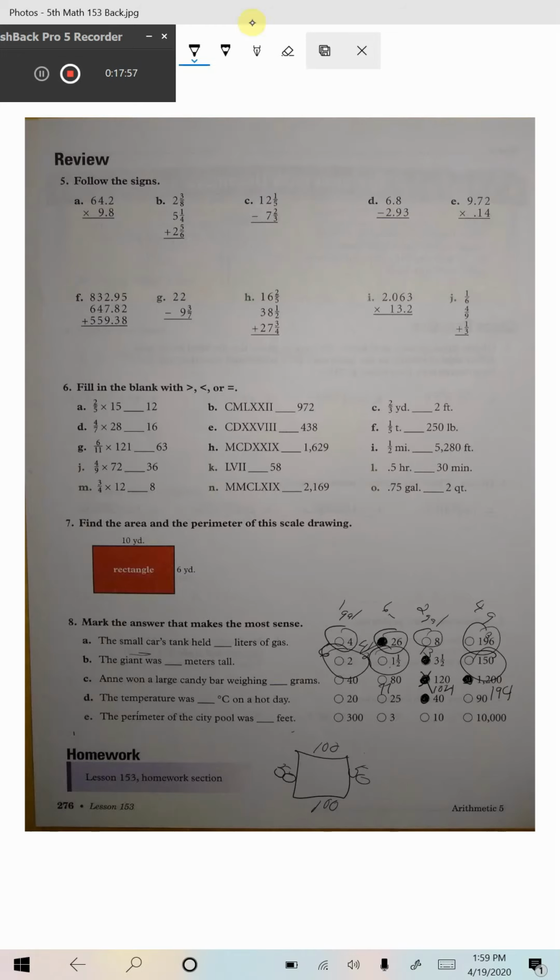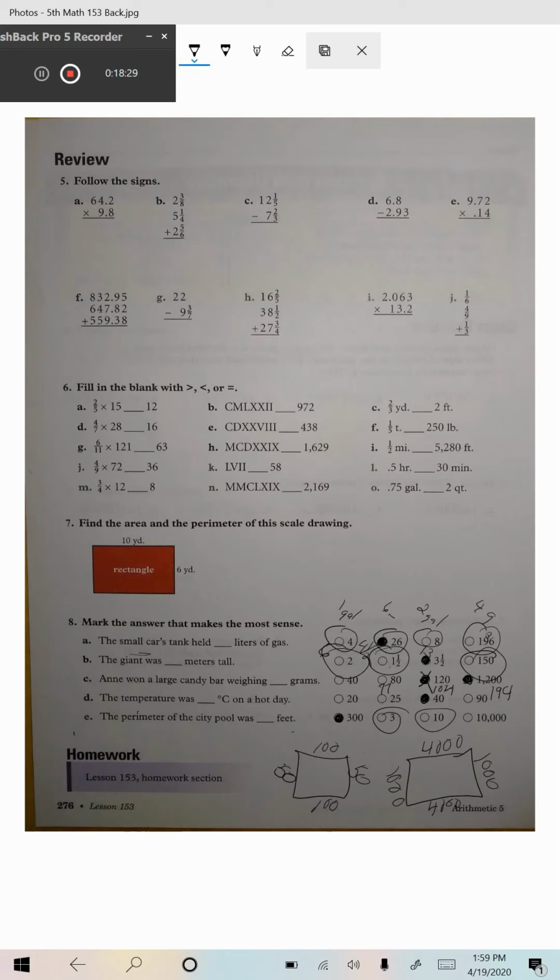The other ones, these two are obviously way too big. And the other one, if it's 10,000, well, we could say it's 4,000, 4,000 feet, that's 8,000, 9,000, 10,000. That's a pretty darn big pool. I'm thinking this one. That's my guess.